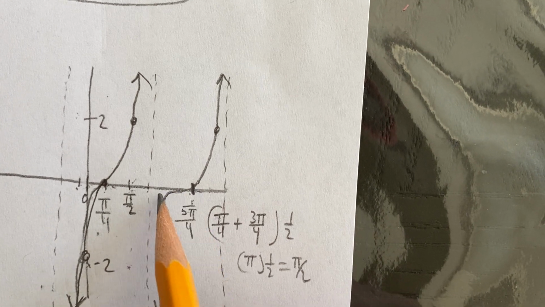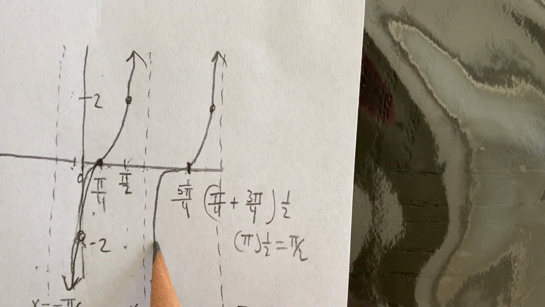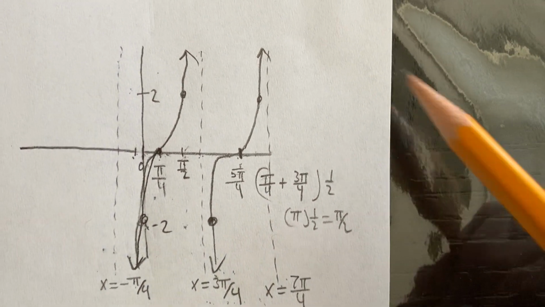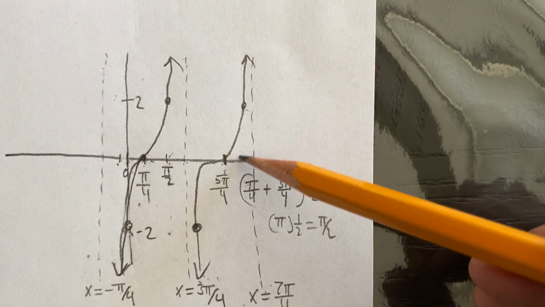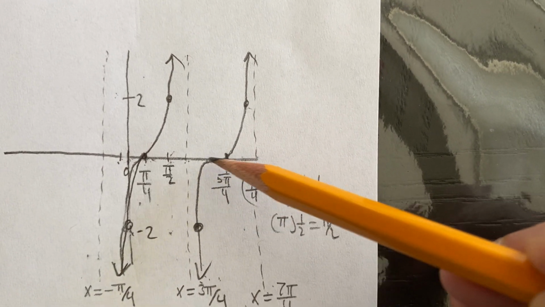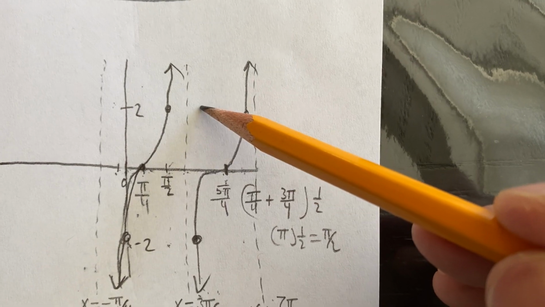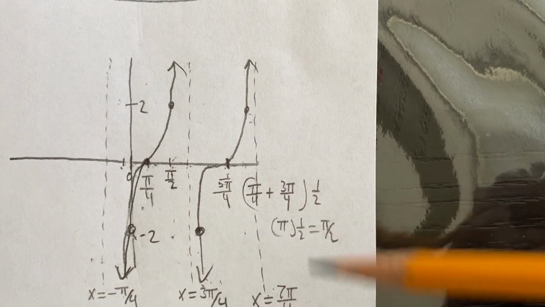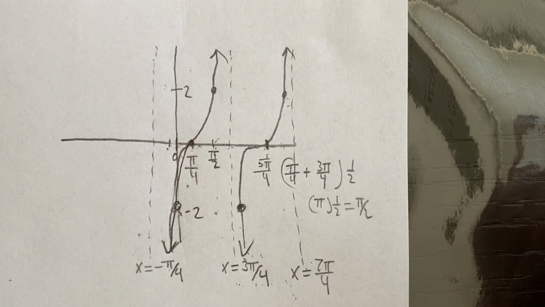The midpoint between the x-intercept and this vertical asymptote would go to the negative amplitude. Normally on the cotangent function, this x goes to the negative y, and at this x the midpoint would go to the positive y. But I wrote it flipped because there's a reflection across the x-axis.